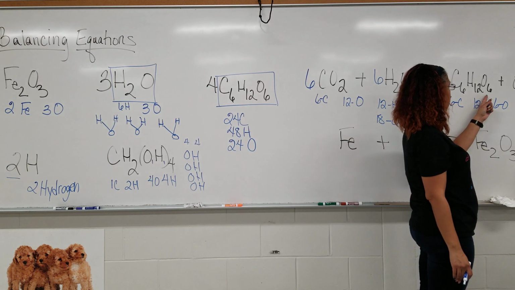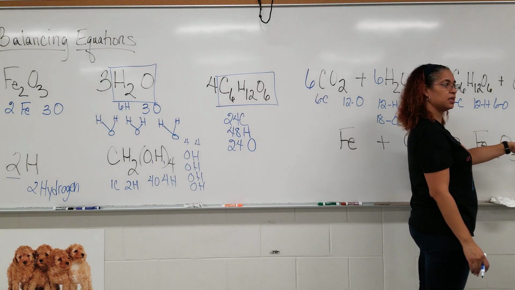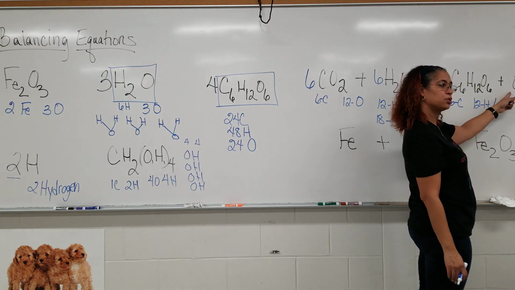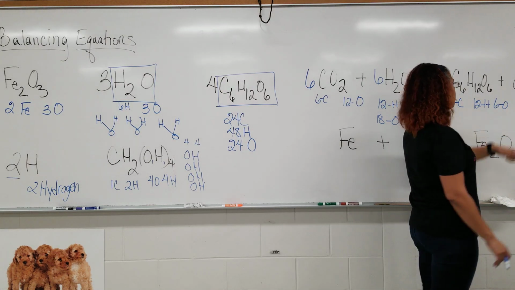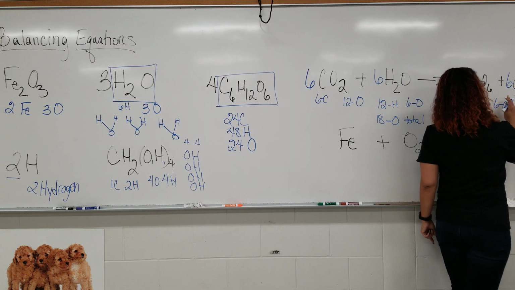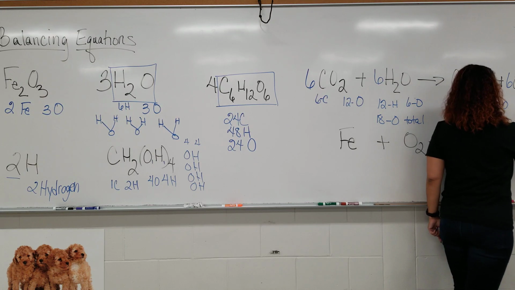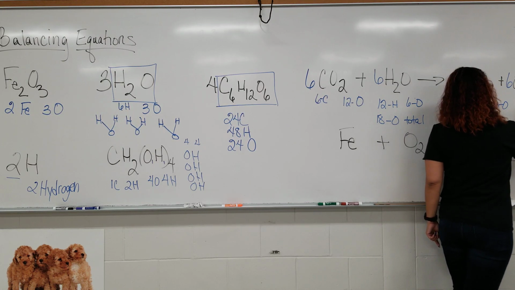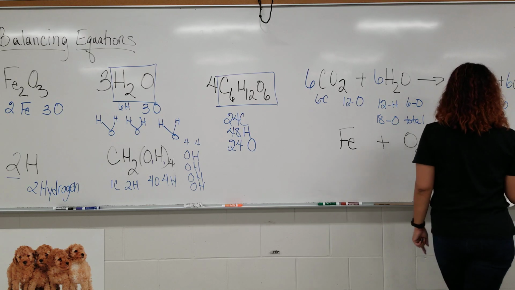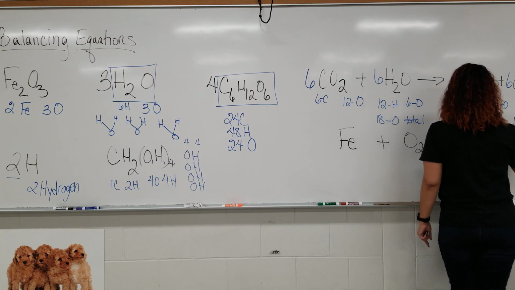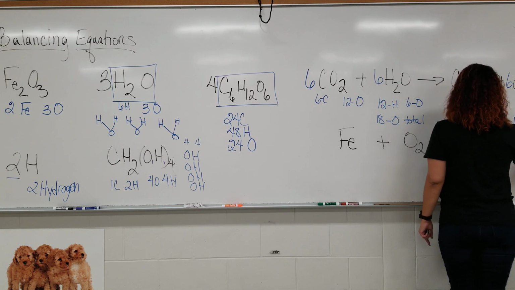Well, 6 plus 12 is 18. If I need 18, that means I need 6 here because 6 times 2 is now 12 oxygens. So 6 plus 12 is 18 oxygens total.